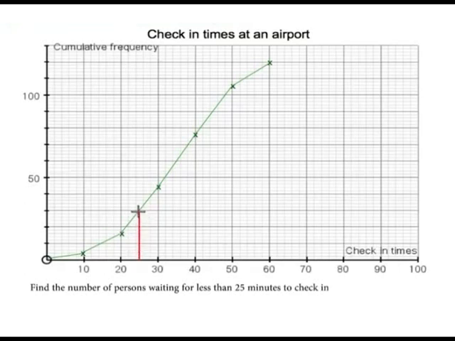Then across, the number there is 30 people. It means the 30th person waits for exactly 25 minutes, which is not less than 25. And since we don't have a fraction of a person, we say that 29 people are waiting for less than 25 minutes.